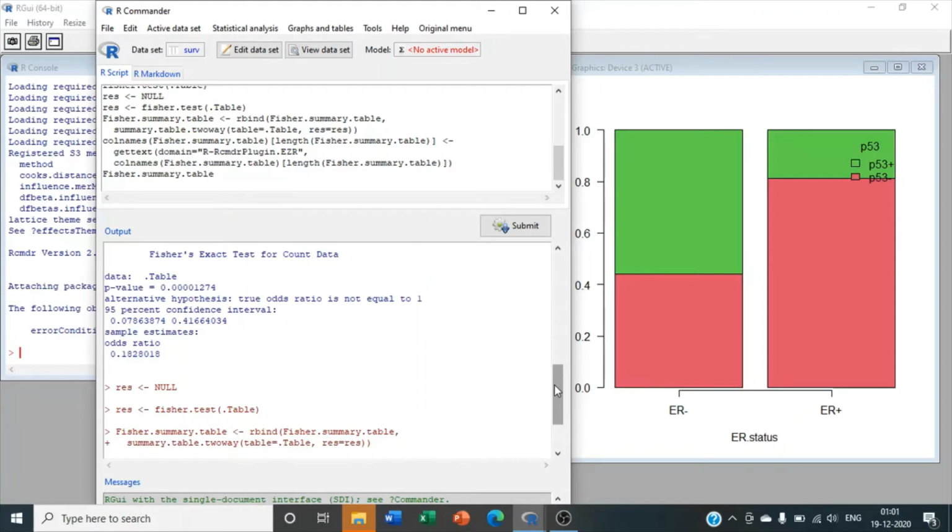That's not calculated directly in EZR, but you can calculate it quite easily numerically. Yule's Q is just odds ratio minus 1 divided by odds ratio plus 1.